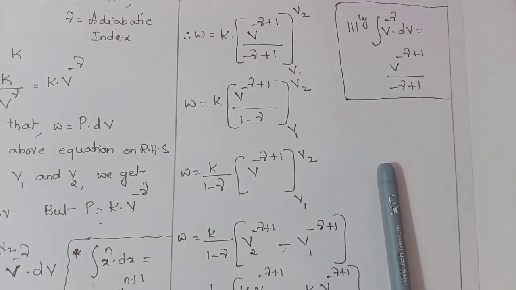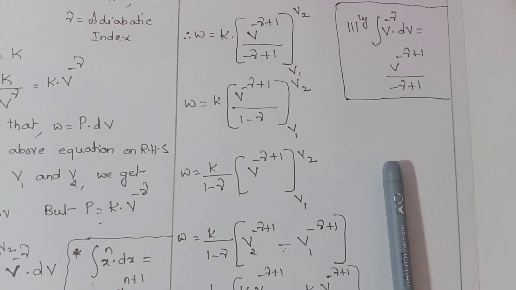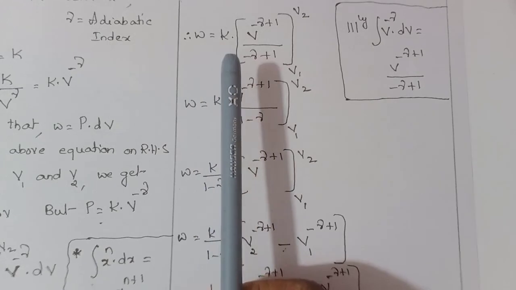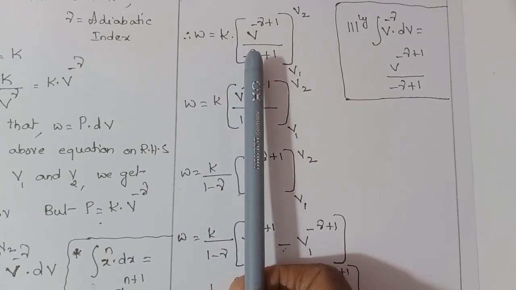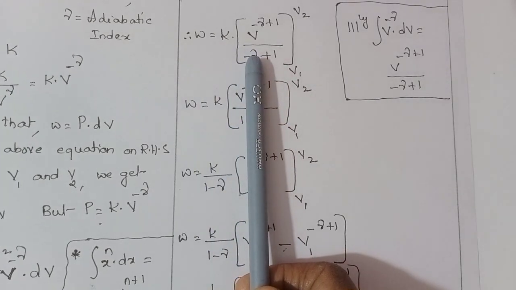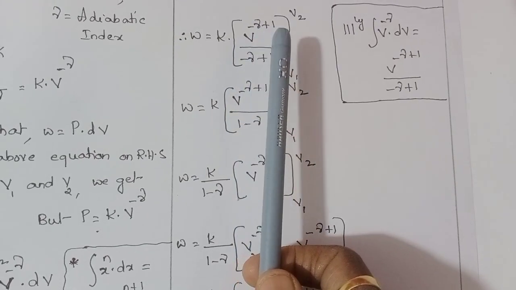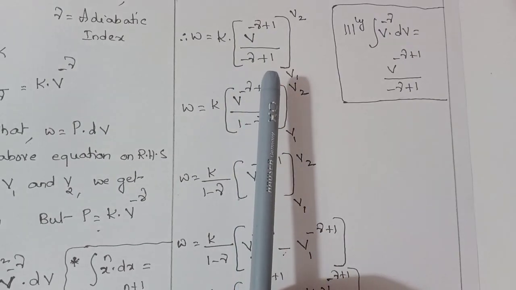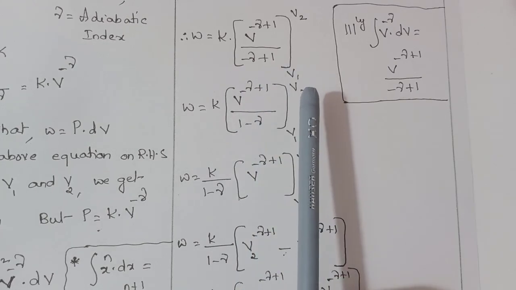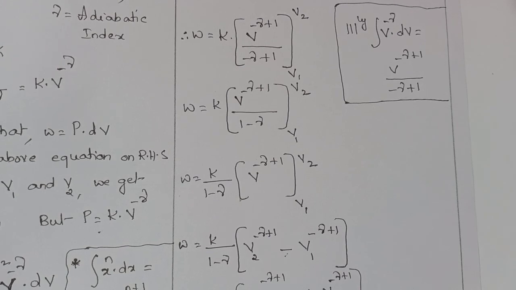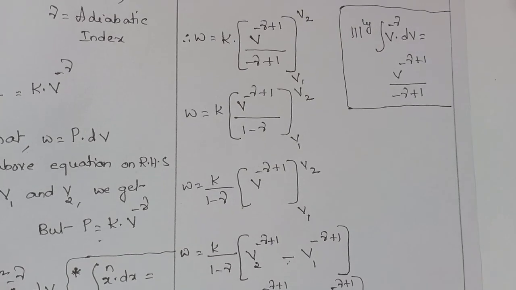Now shall we write the next step? Therefore W is equal to K into, inside the brackets, V^(minus gamma plus 1) by minus gamma plus 1 within the limits V1 to V2. Understood that step?